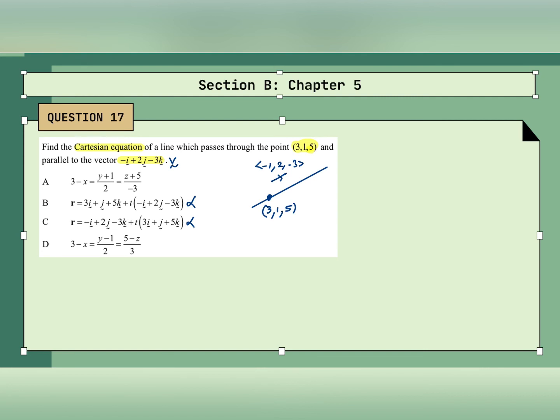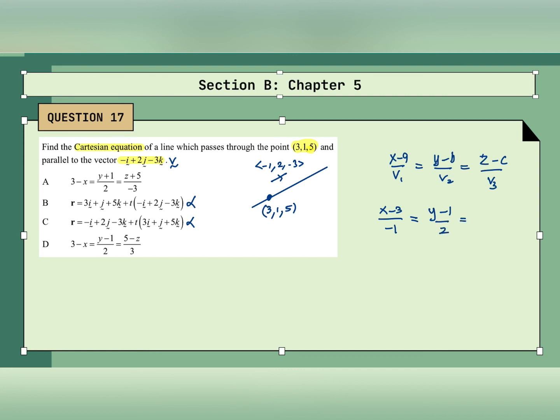Okay, and now Cartesian equation, remember, dia akan jadi x minus A over V1 equals y minus B over V2 equals z minus C over V3. X tolak 3 over negatif 1. Y kita adalah y tolak 1 over 2.